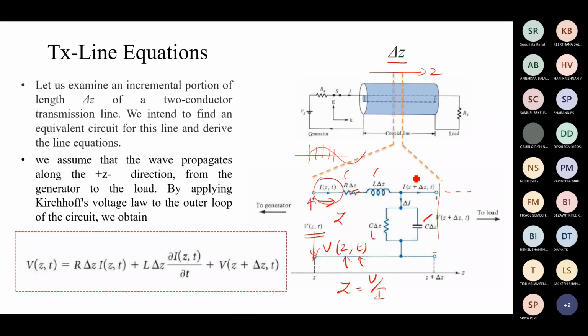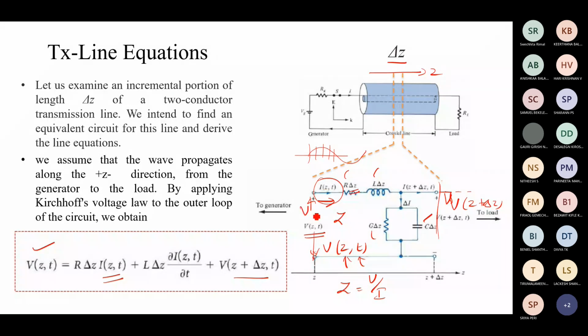Now, for a single small section, we can easily calculate the voltage across the transmission line with respect to the current, which is given by a simple equation. Let's say there is a voltage here at z plus del z, like that.